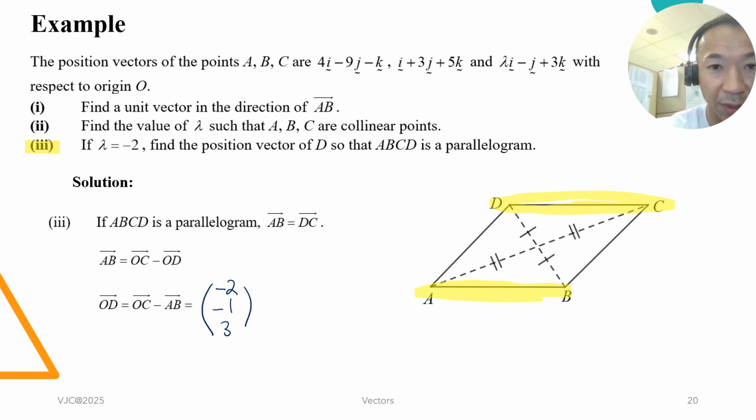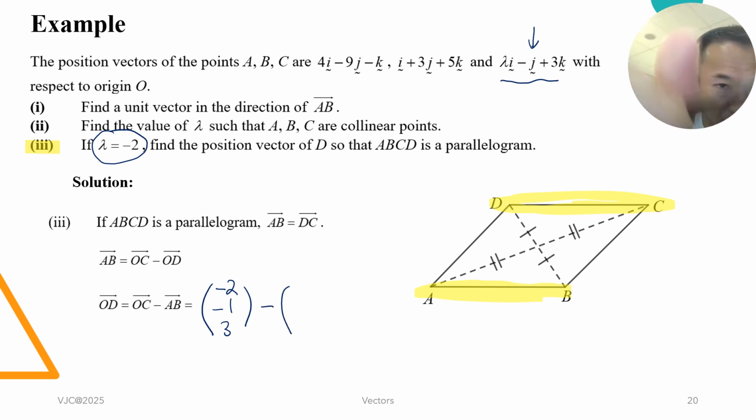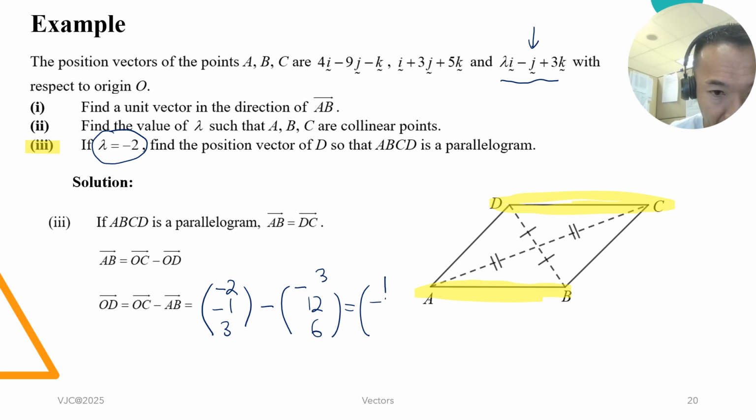This is OC because lambda is minus 2. What is AB? AB is what you found earlier in part 1. Minus 3, 12, and 6. Therefore, the answer is very simple. The answer is 1, minus 13, as well as minus 3.